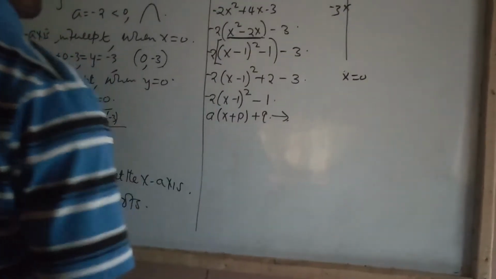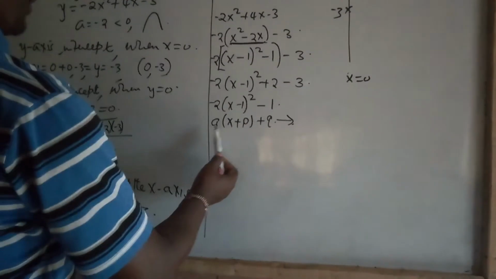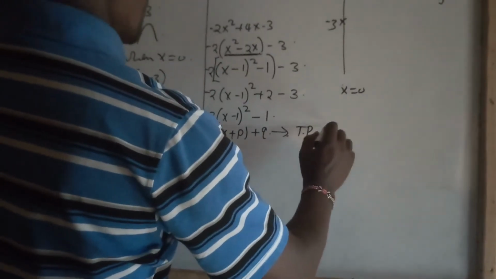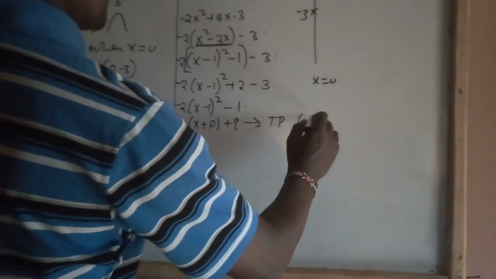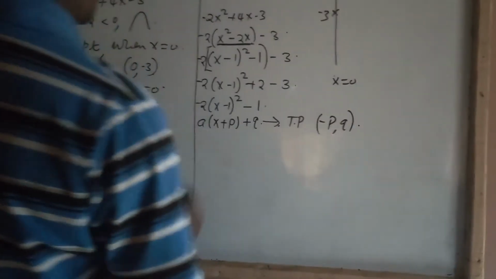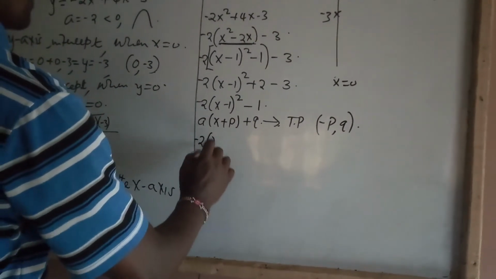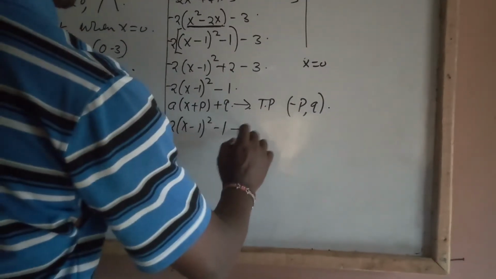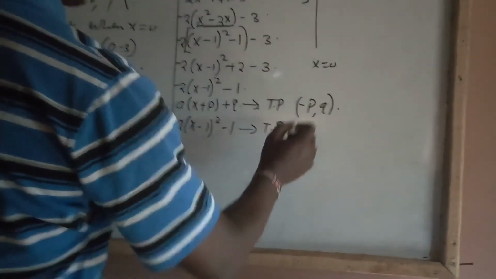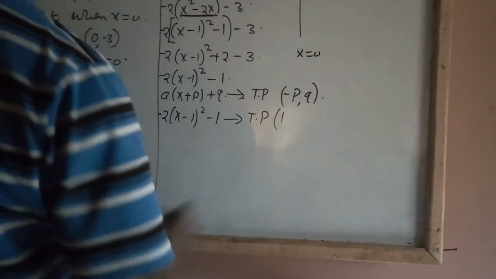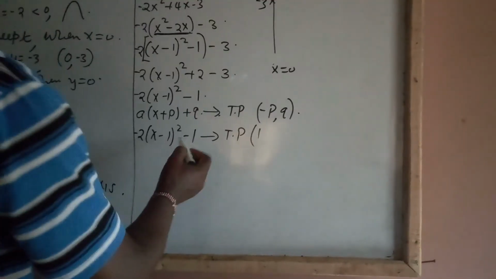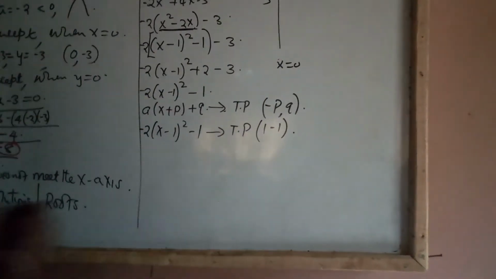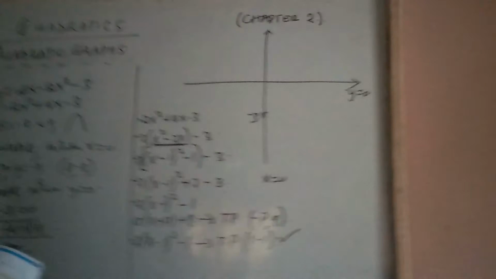We were told in the previous example that if you complete the square to this format, the turning point has coordinates (minus p, q). So ours is minus 2(x minus 1) squared minus 1, so the turning point is (1, -1).